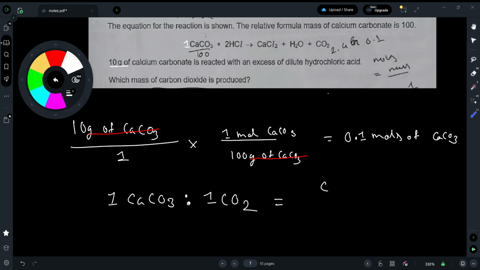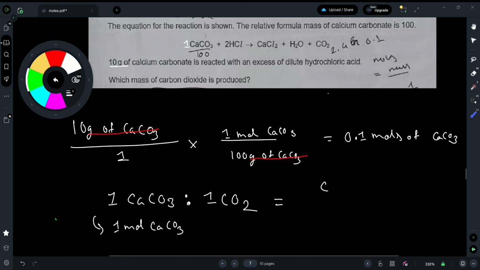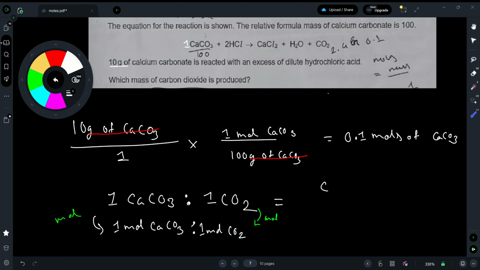You could also write per mole: 1 mole of calcium carbonate, because if you multiply both sides by a mole, or 6.02 times 10 to the power 23, you get 1 mole on both sides, 1 mole of carbon dioxide. We express this as a fraction: per 1 mole of calcium carbonate, you get 1 mole of CO2.